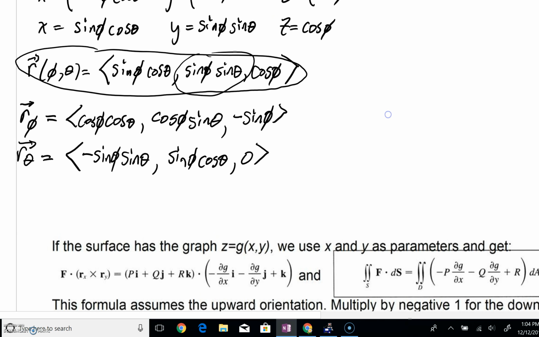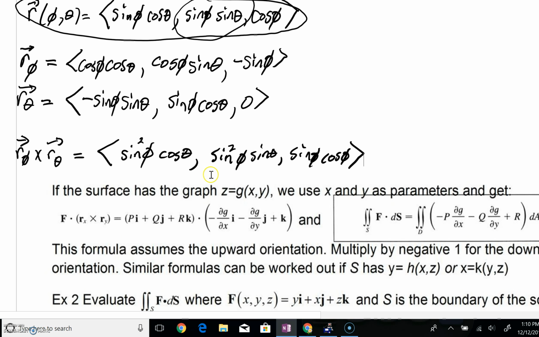And now we'd have to say, well, go ahead and take the cross product. Now, guys, this is where you want to use your 89. And I'm going to pause the video for a minute so that we can type this in. But maybe you'd like to have your phi as x and your theta as y. Okay, so let's do that.